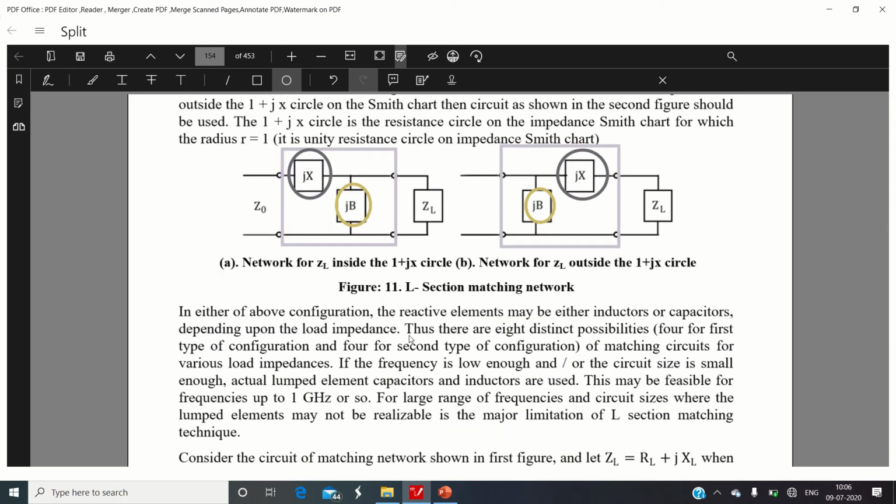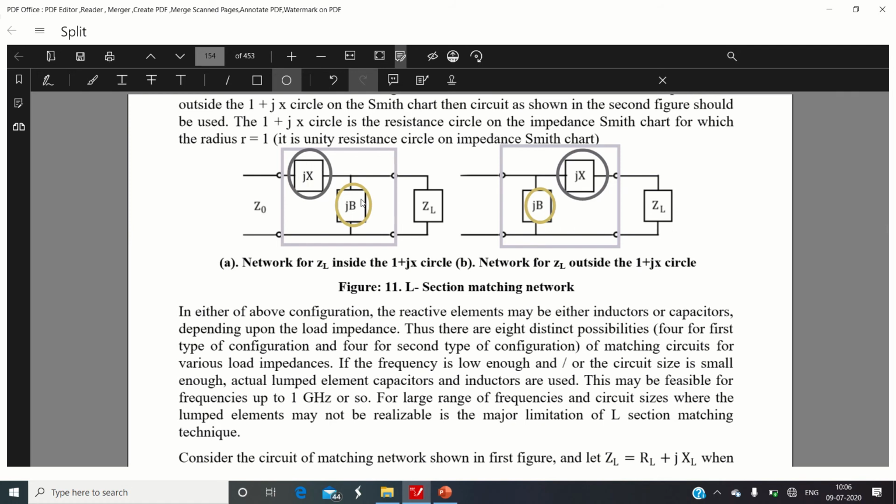In either of the above configurations, please remember that jX stands for inductive reactance, where X stands for reactance. Whenever X is in the series arm, it indicates inductive reactance.